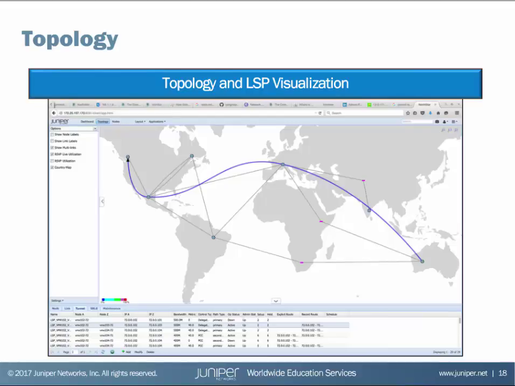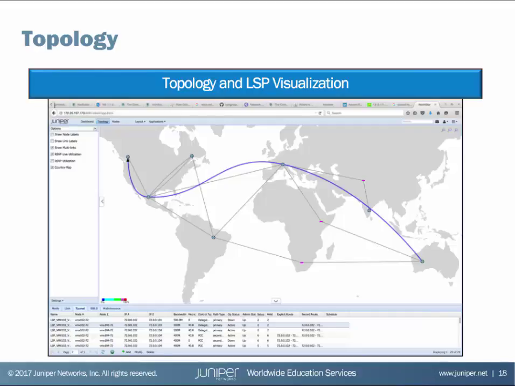And what you'll see in the interface is, of course, on the left-hand side, a little navigation menu. You can select things that appear in the main pane right here. When you first log in, you'll be able to see all of the nodes in your WAN, all of the links. And down at the bottom, there are different tabs: a nodes tab, a links tab, a tunnels tab, a demands tab, and you click on the tabs, you can see every node. You click on the node, you can right-click, you can edit, you can pull up, modify.